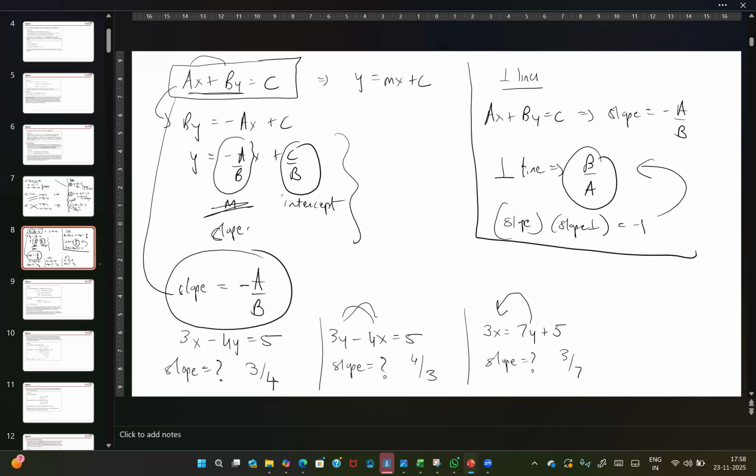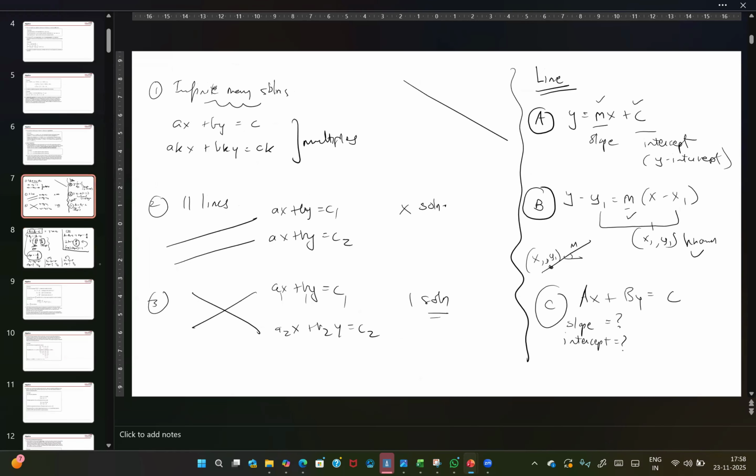Just a bit of detour on this. We have various equations of the line here, and here we have solutions. We have infinitely many solutions when the two equations are just multiples of each other. When we have parallel lines, there is no solution. When there are intersecting lines, we have one solution.